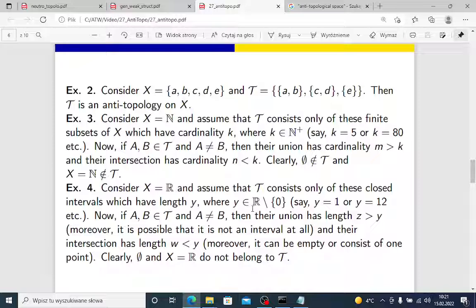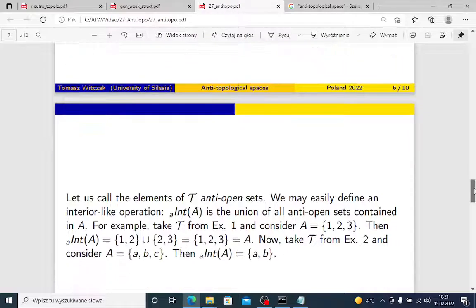Then their union has length greater than y, or it's not an interval at all, but a union of intervals like [0,1] plus [5,7]. And their intersection has length lesser than y. Moreover, the intersection can be empty, or it may consist of one point. And clearly, the empty set and the whole universe do not belong to T. So these are some examples of anti-topologies.